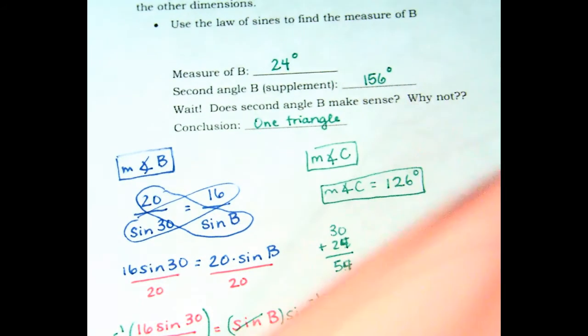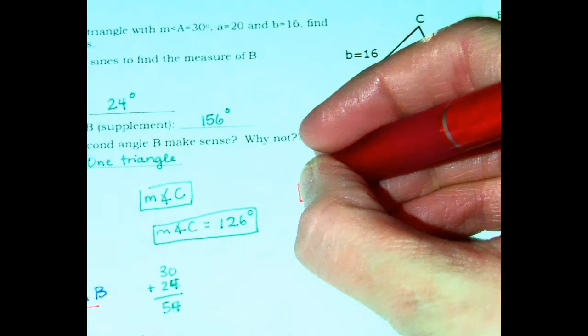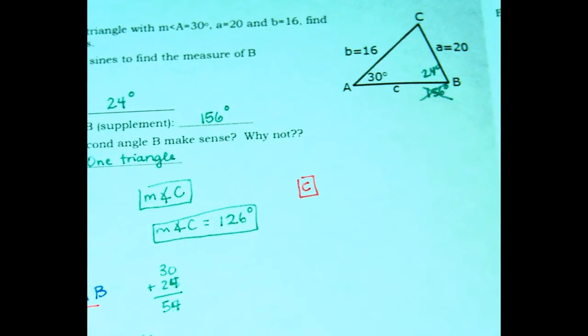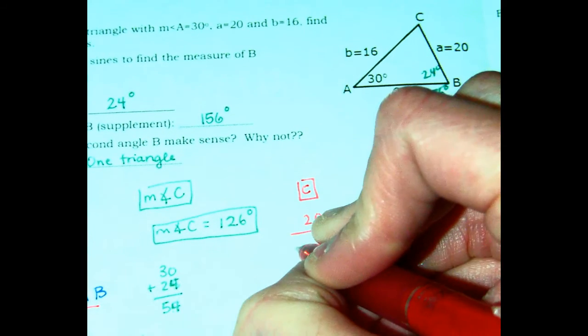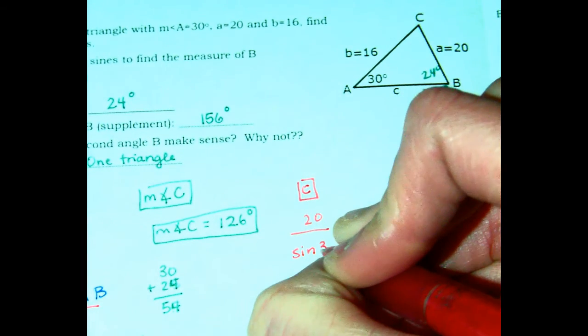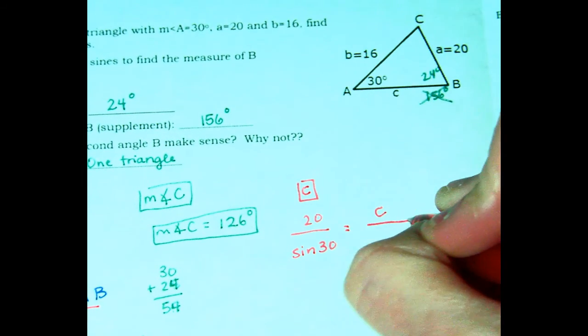What is the only thing still missing from this triangle? Side C. I need to do that just like I did earlier on the last foldable. So side C. I'm still going to use 20 over sine of 30 equals what? We don't know C. What is C's angle measure?